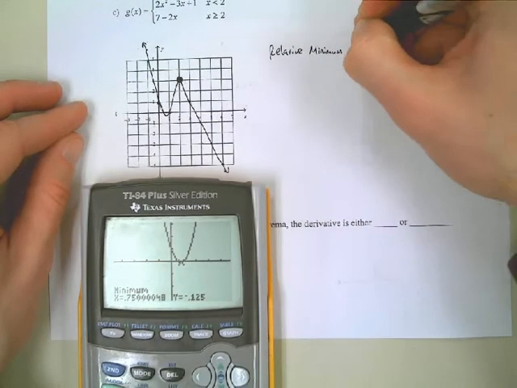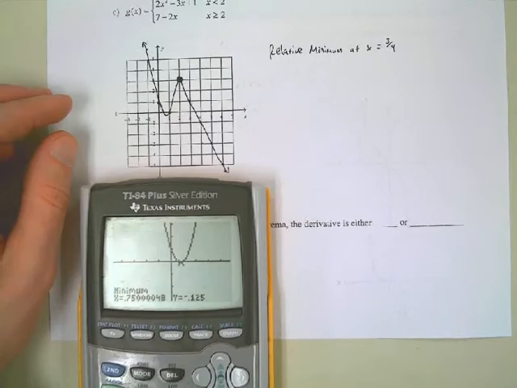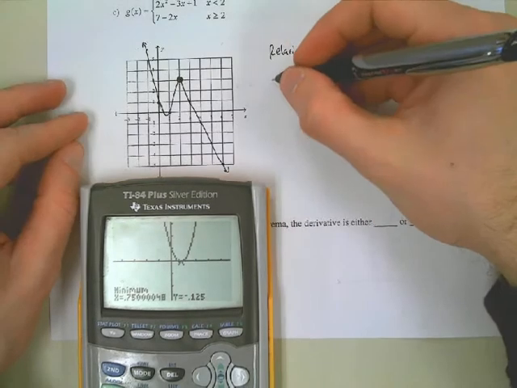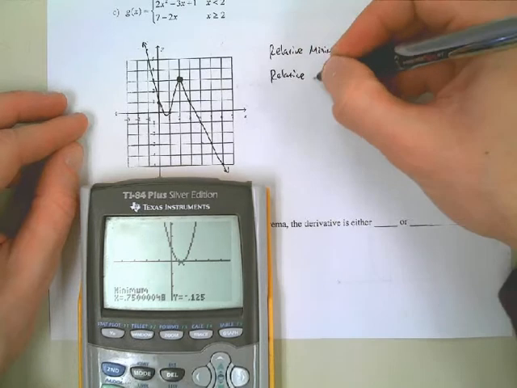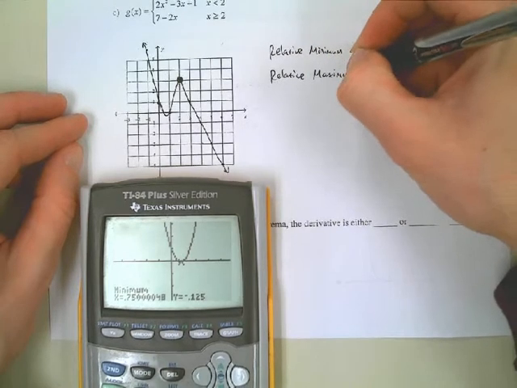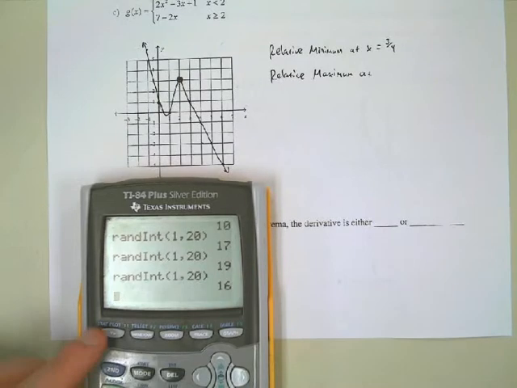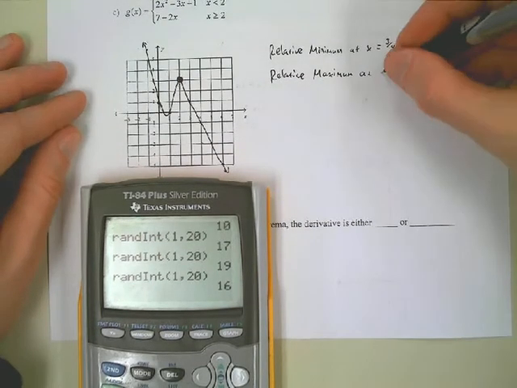At x equals 3/4, we'll say. Okay. And we have a relative maximum. Where do we have our relative maximum? At what x value? 2.